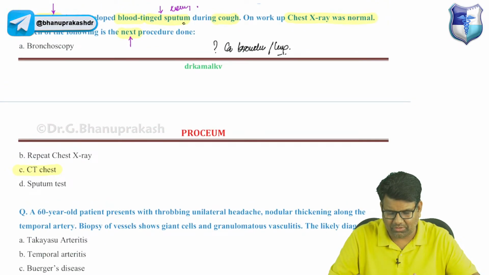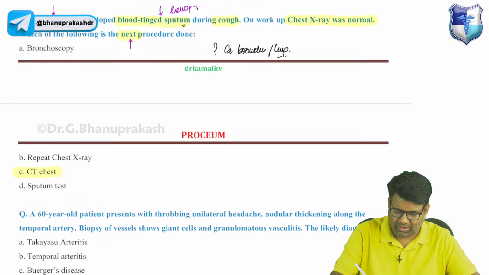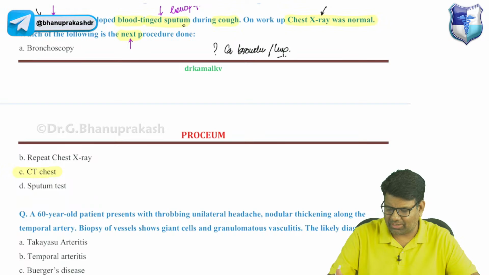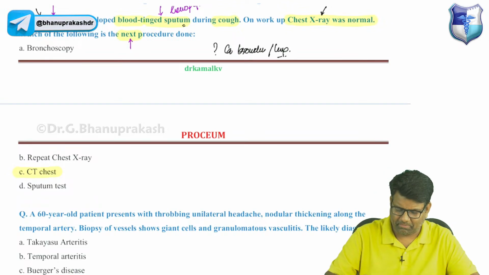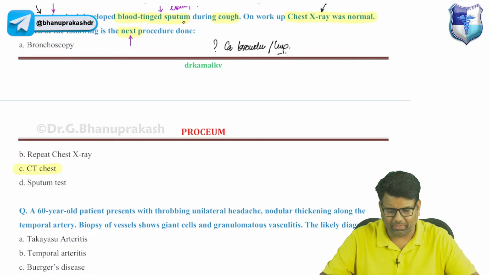That will give a more valuable clue, because the word smoker has been given, so we have to think of the possibility of carcinoma. No need to go for tuberculosis, because even if it is tuberculosis, definitely it would have shown something on chest X-ray. Chest X-ray is normal, so we can exclude tuberculosis. The possibility goes more in favor of a tumor somewhere, better evaluated on CT.